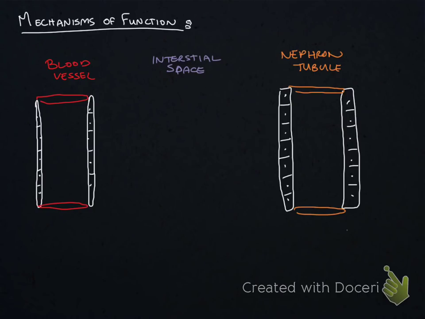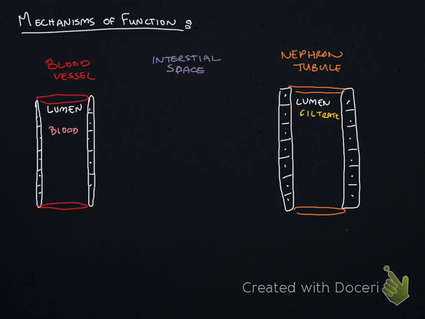Now let's get some important mechanisms out of the way. So here we have a blood vessel with a lumen, and of course within it we have blood. Then we have the interstitial space, and then we have the lumen of the nephron tubule, and within that we have filtrate.